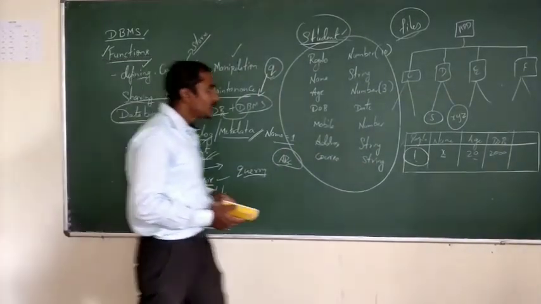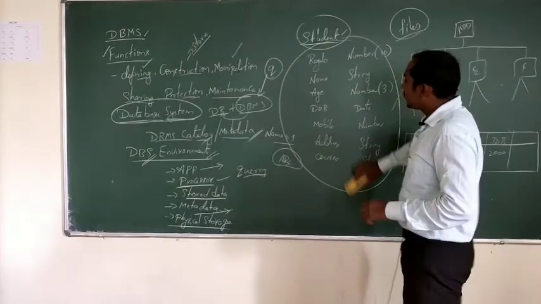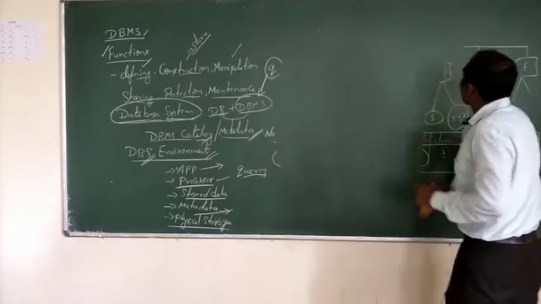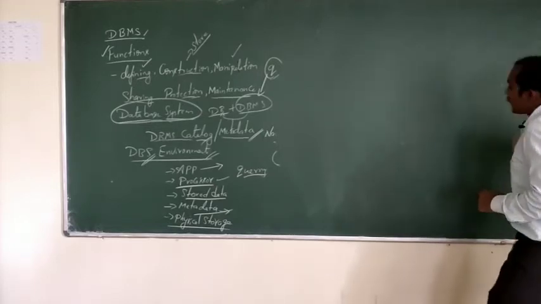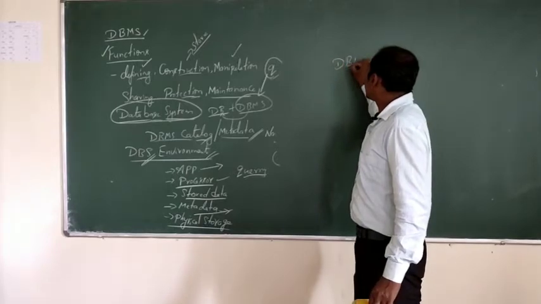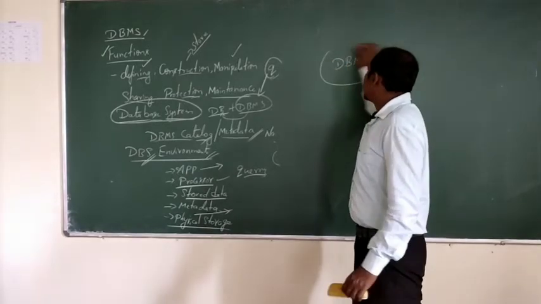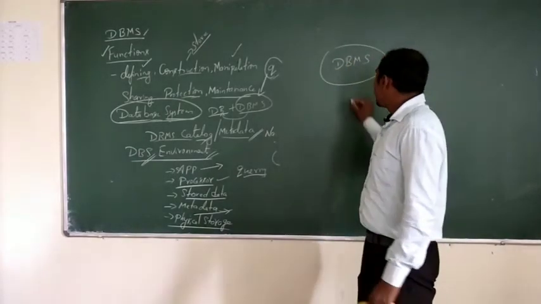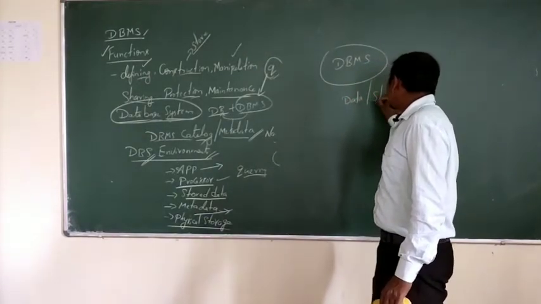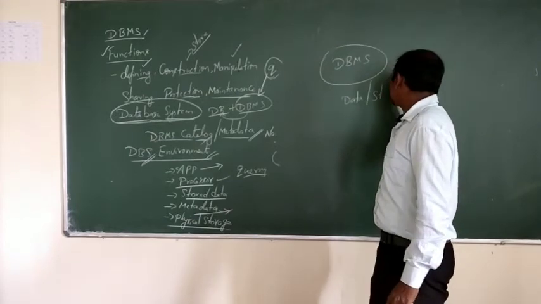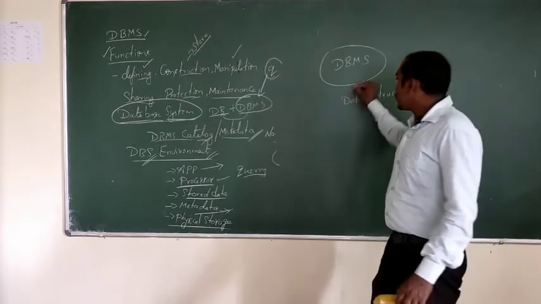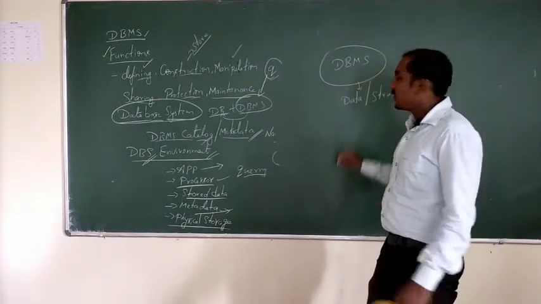So this is the DBMS environment. If I want to explain in brief, first we'll have the DBMS software here. In this DBMS software, we'll have data as well as the structure of that particular data. So DBMS will contain these details.